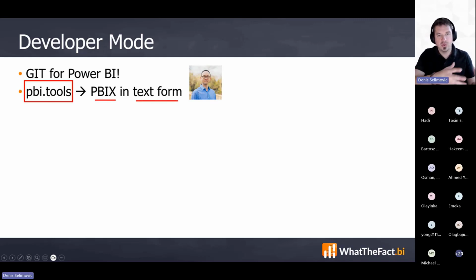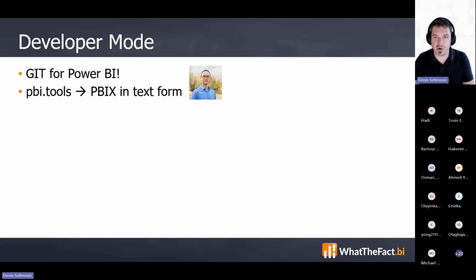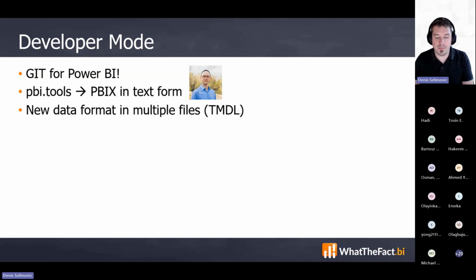So he had this tool that said, save out my Power BI file as a file structure. It extracted the PBIX file into a folder and file structure. This is still available under pbi.tools. Matthias did really great work in this, and this was the basis for the whole concept.